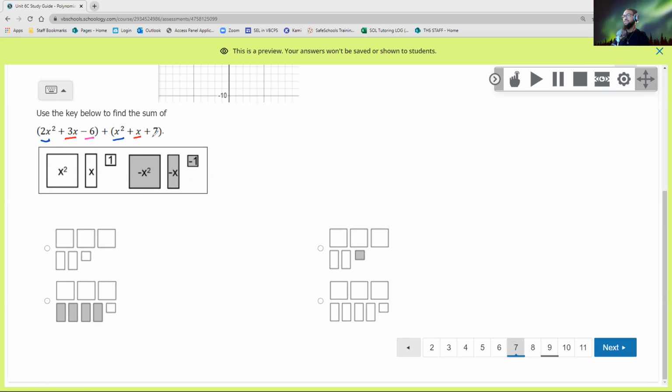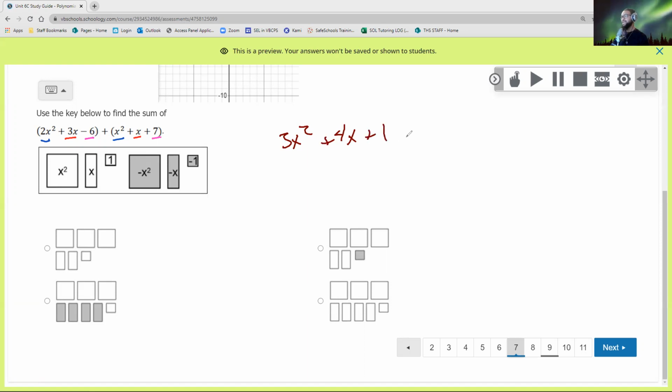So we've got a 2x squared and an x squared, a 3x with the x, and then a -6 with that 7. When we go to combine these like terms, we get 2x squared plus x squared gives us 3x squared. 3x plus x gives us 4x, and then finally, -6 plus 7 is just 1, plus 1.